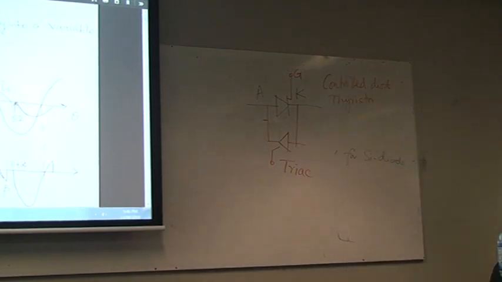What are they using to control the triac in this case? Probably a threshold. How do they control it, what's controlling that?